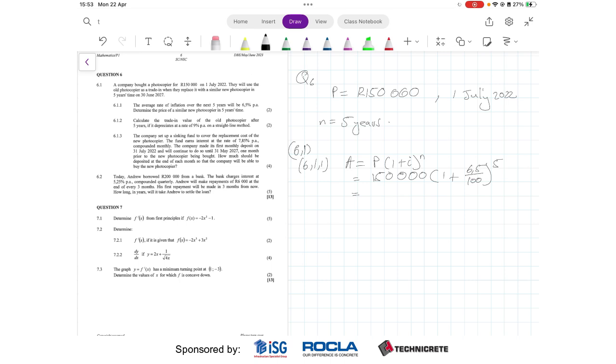This will then be equal to 205,513 rands.